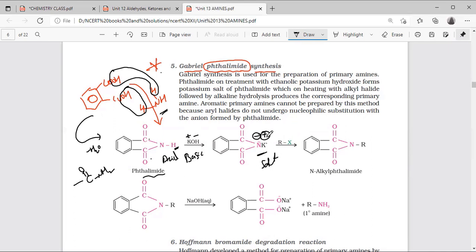Then when RX is there, in the RX, R plus X minus. So the R plus is joining with nitrogen, and this X minus is joining with K. Here the byproduct is KX.